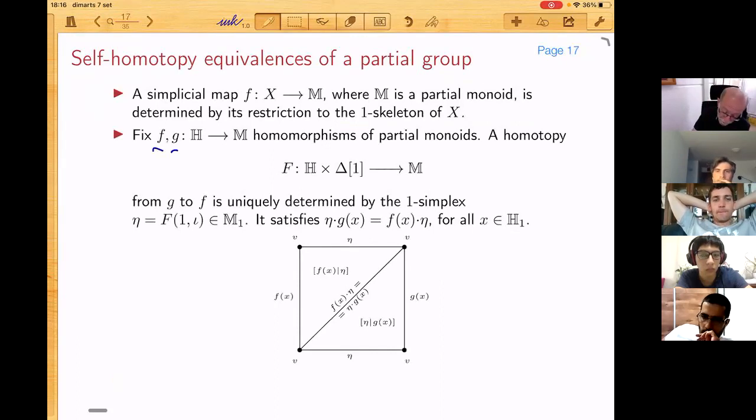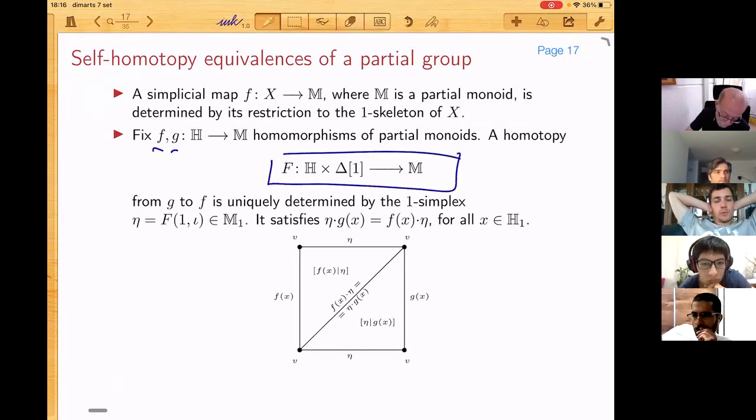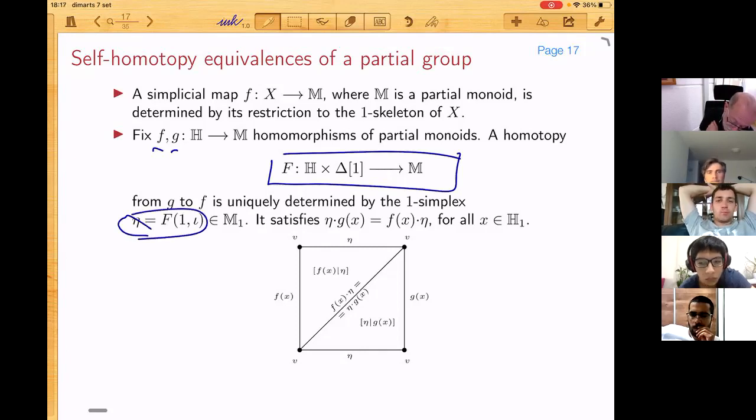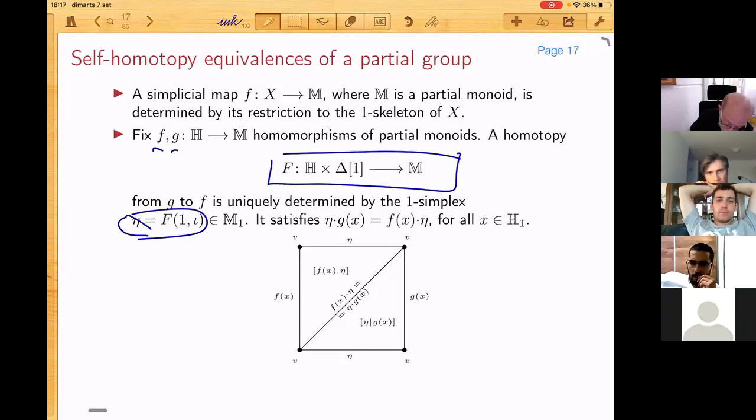So you are given two partial groups or partial monoids, and two maps, F and G. And then the homotopy is something like that, from G to F, and this is uniquely determined by one simplex, a single element, which is the image by the homotopy of this simplex in the product, which is (1, iota), where 1 is the unit, so the degeneracy of the vertex in H, and iota is the non-degenerate one simplex of delta 1, right?